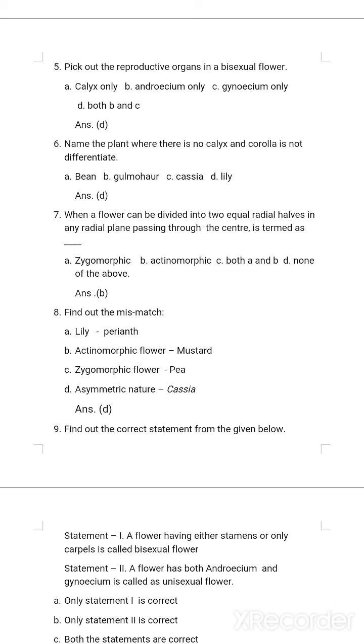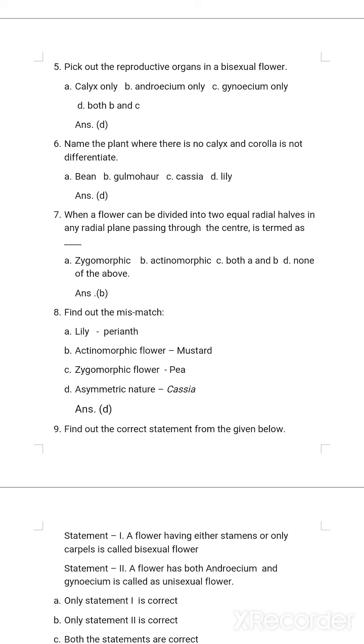Do you know, students, in lily flower there is no differentiation of calyx and corolla, because calyx and corolla together are present as one single unit called perianth. This is very important for the NEET examination. Please make a note.